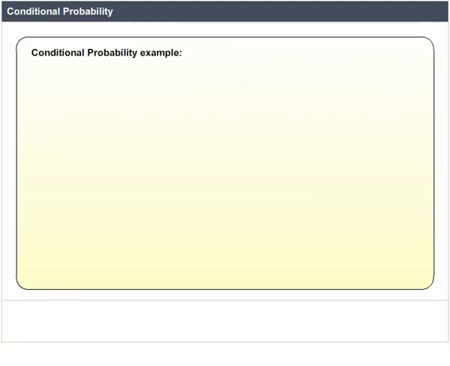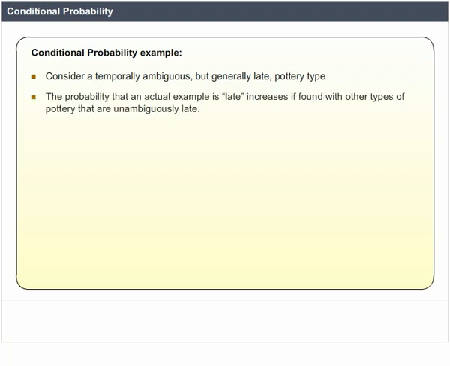Conditional probability. Example: consider a temporally ambiguous but generally late pottery type. The probability that an actual example is late increases if found with other types of pottery that are unambiguously late. P is equal to the probability that the specimen is late.